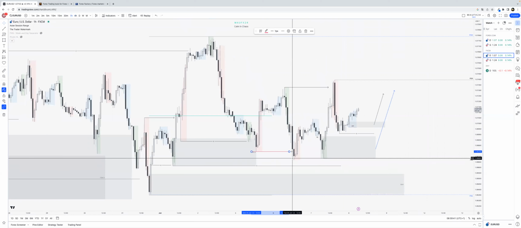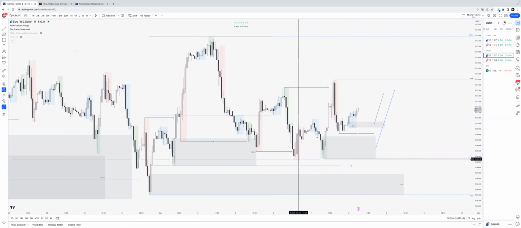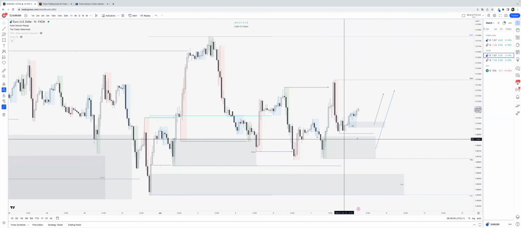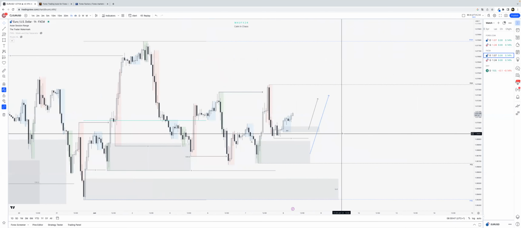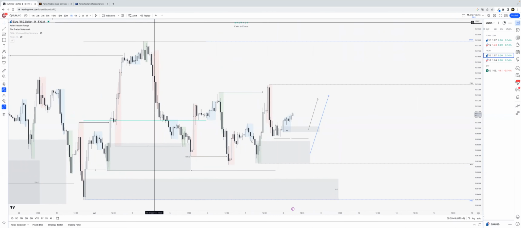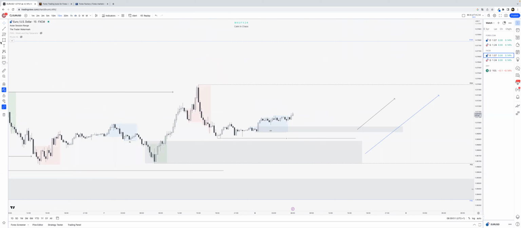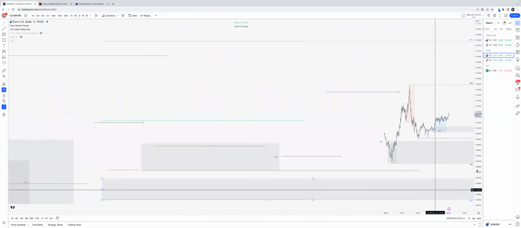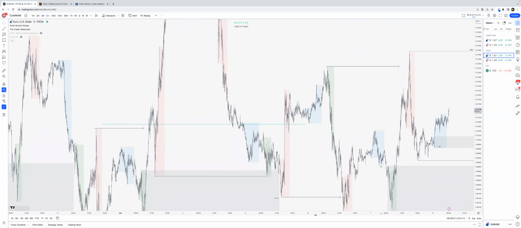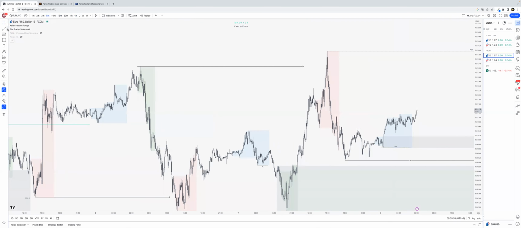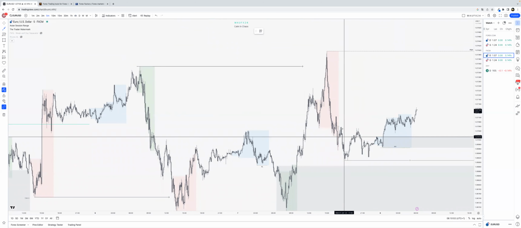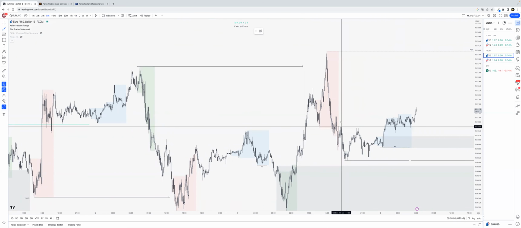Only downside to this is that we have equals here, and to me this is not the cleanest yet, but you could say that, well, let's look at the 5-minute. There you can see it's a little bit cleaner, but this is your break. You get a high, low, lower high, lower low. Get your bullish break.